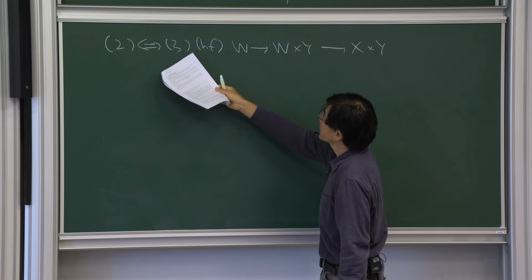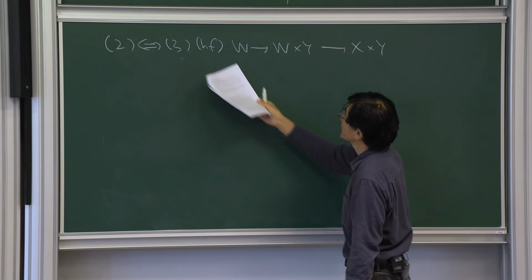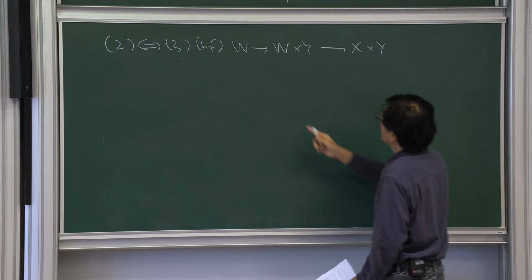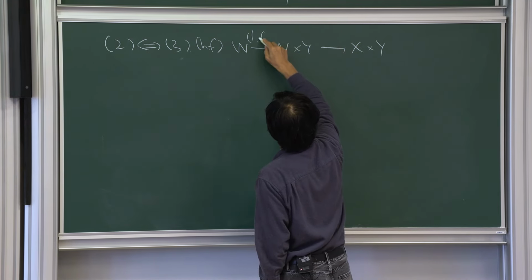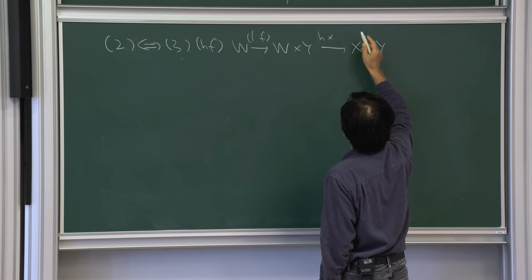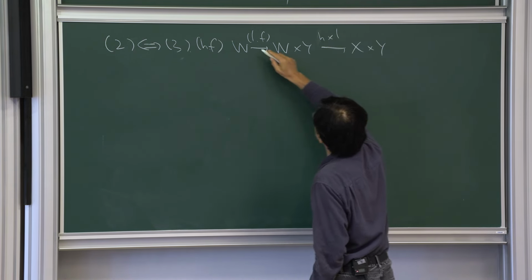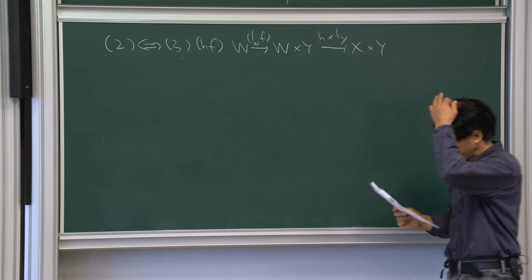So the condition 3 is transversality for this pair of motion, and the first one is of course identity equals F, and the second one is H cross identity of Y, like this.